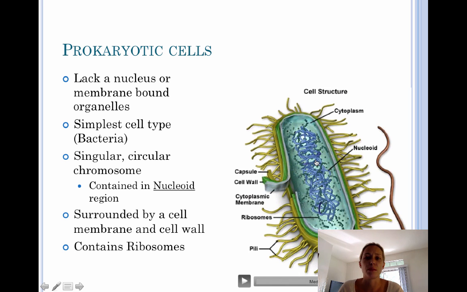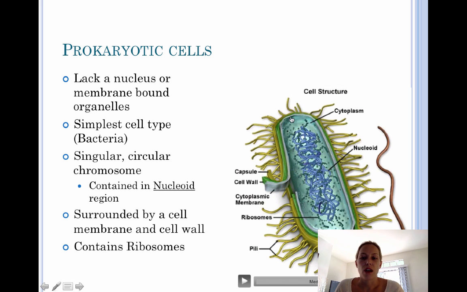Prokaryotic cells are our simplest cell type, as they only have DNA, cytoplasm, and ribosomes within them. Their DNA, unlike the DNA of eukaryotic cells, is circular. So think of their DNA as like a rubber band as opposed to strands of spaghetti like eukaryotic cells' DNA is.